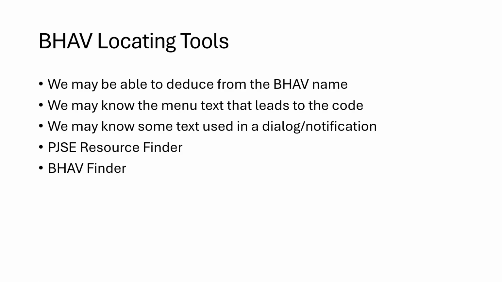So if we're looking for a thing that adds enthusiasm, we may be able to deduce from an object that already adds enthusiasm from the BHAV names. But usually Maxis don't make them particularly useful. They're things like loop chat. Oh yeah, great.